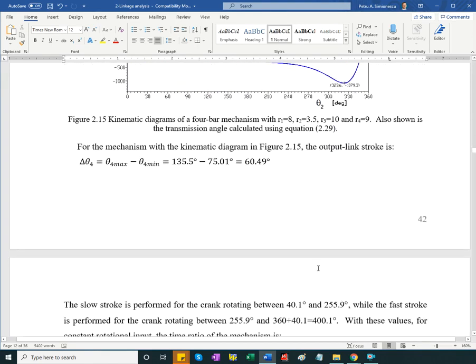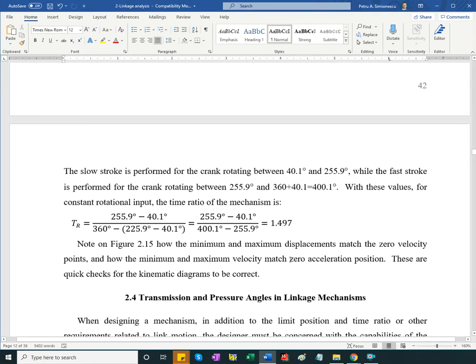And for the time ratio, you need to divide that by 360 rather than 2 pi if we work in degrees. Remember not to make that mistake. In general, we expect time ratios for common linkage mechanisms to be less than 2, and make sure that your calculations are such that the number is greater than 1.